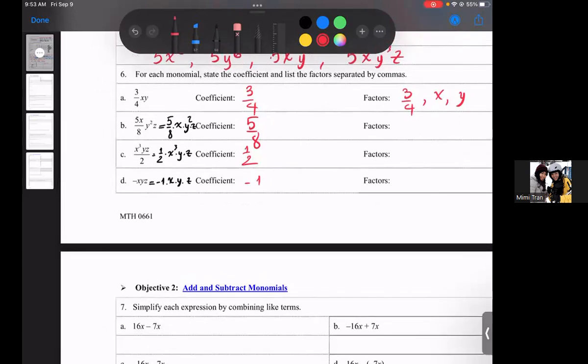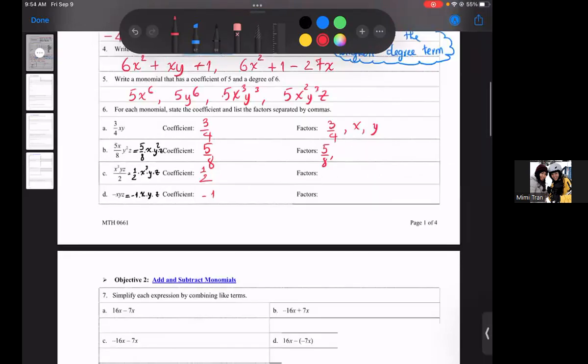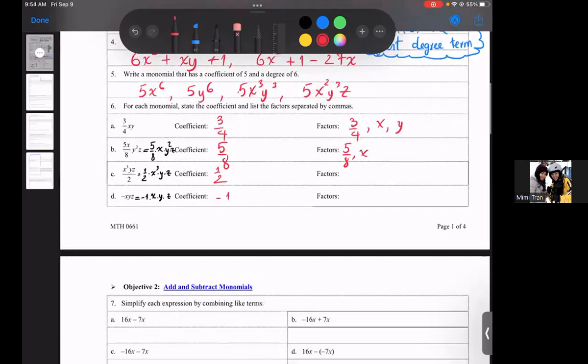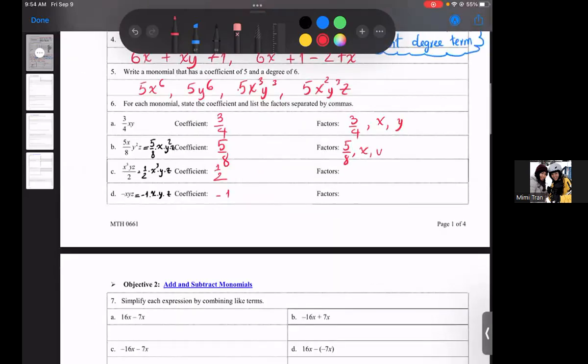Again, a lot of you, when you do factors, forgot to include the number. It's part of the expression, right? So the factors of B, from left to right, will be 5/8, comma, x, comma, y to the second, comma, z. Everybody, even include the coefficient.